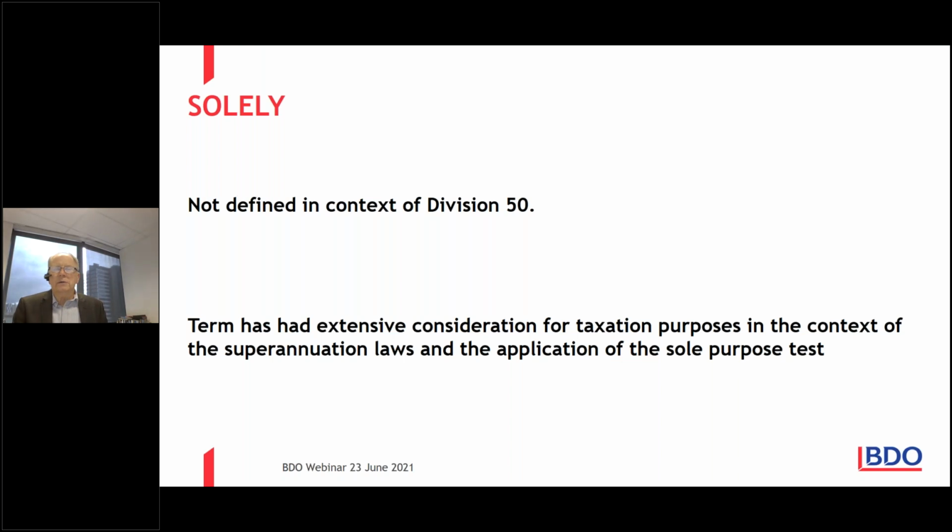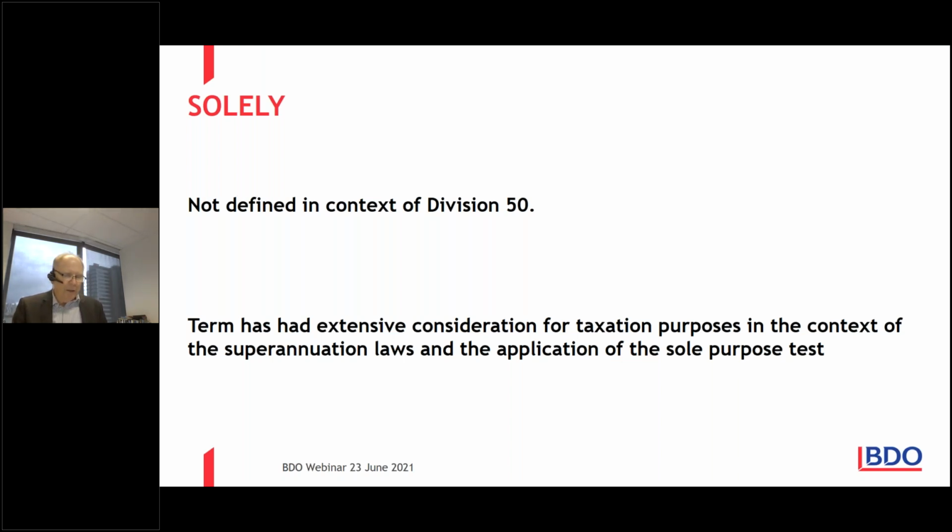So those cases have considered things, and basically the definition of sole has come down to sole being 100%. So there is no relaxation of that. It's 100% must be applied to that purpose.